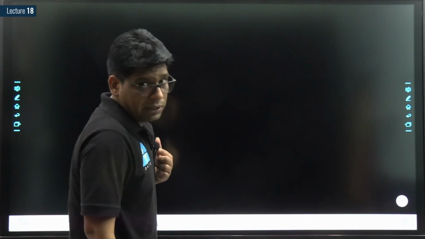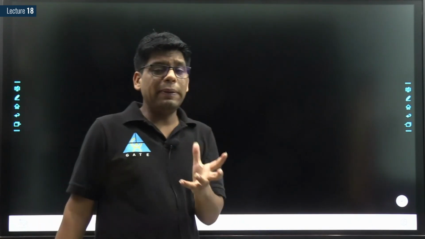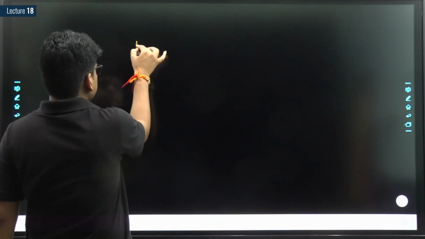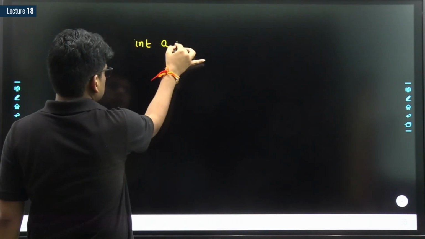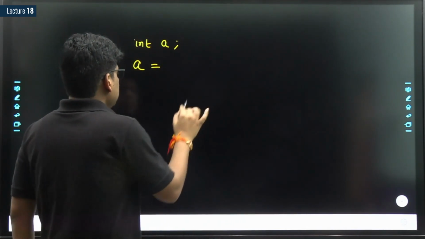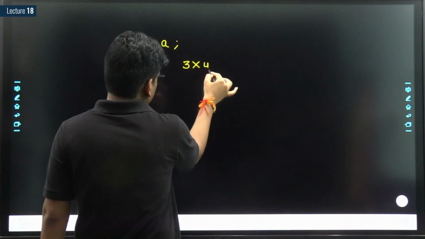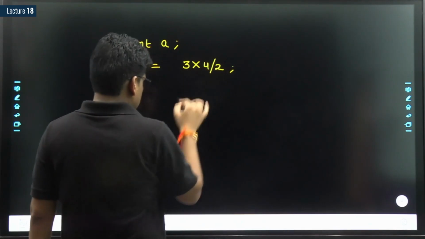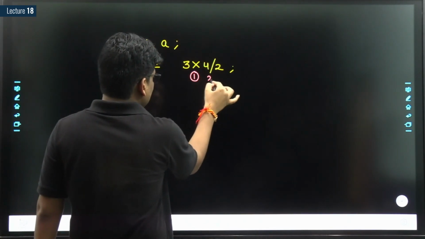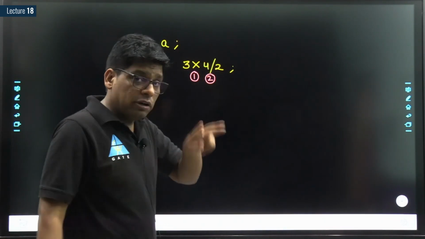But sir, it may also happen that the same operator, or operators of the same priority, may exist in your expression. For example, if I say A is equal to, please try to understand, 3 multiply 4 divide 2. Sir, we have 2 operators, multiply and divide, and unfortunately, the priority of both of them is the same.